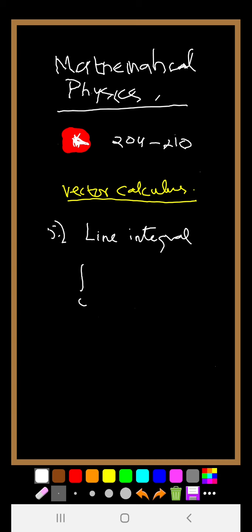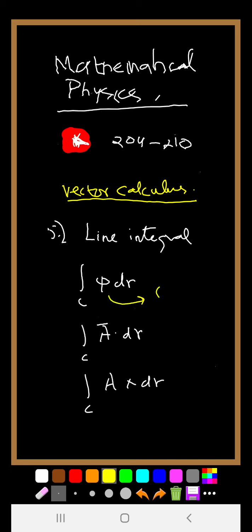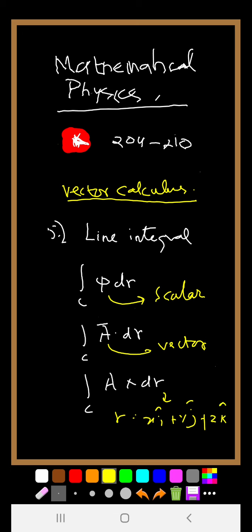If it is a scalar quantity, we can represent it by phi dr, where phi is a scalar and dr is a vector, or we can represent it in terms of a dot product, that means A dot dr, or in terms of a cross product, that is A cross dr. So phi is a scalar quantity and A is a vector quantity, and this r is the position vector, and it is given as xi plus yj plus zk.